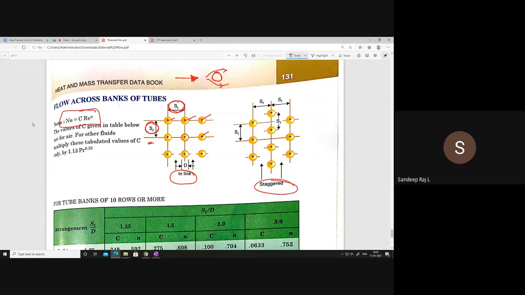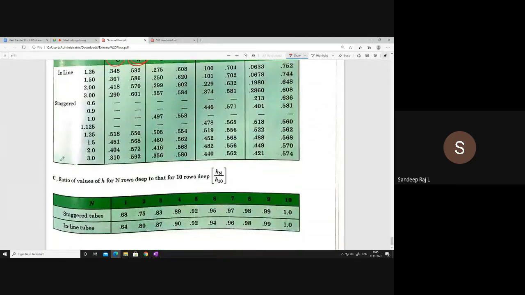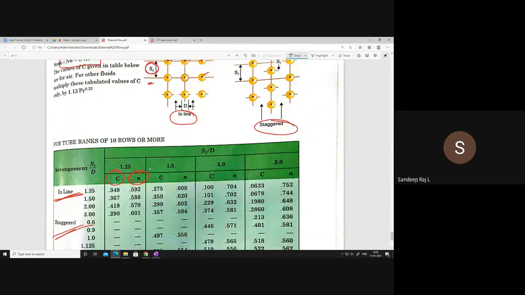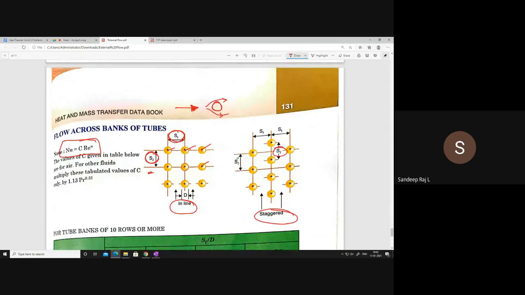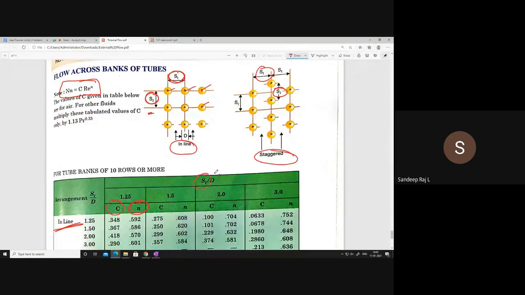The Nu is equal to C into Re power n formula you will use. The C and n values will be taken from the table given here. For inline, you have the values. For staggered, you have the values. So based on the SL and the ST values, you will substitute them accordingly in the arrangement.